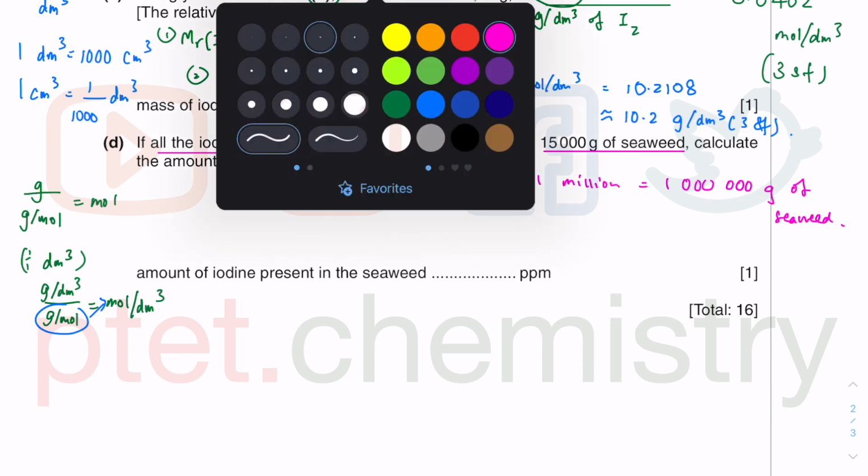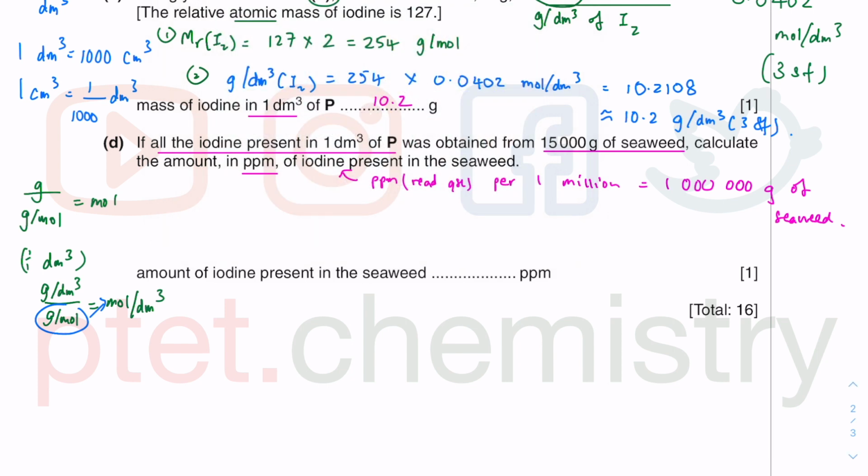So if all the iodine in the 1 dm cube, which means 10.2 gram, comes from 15,000 gram of seaweed.